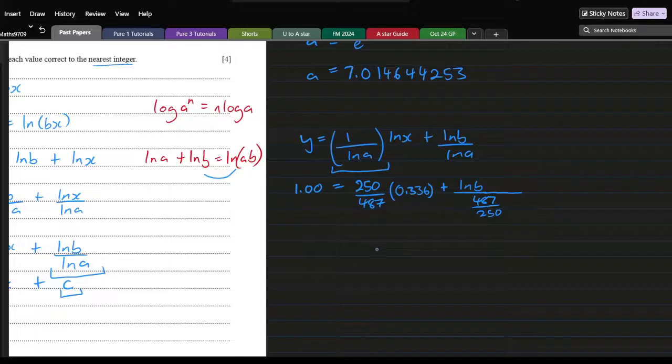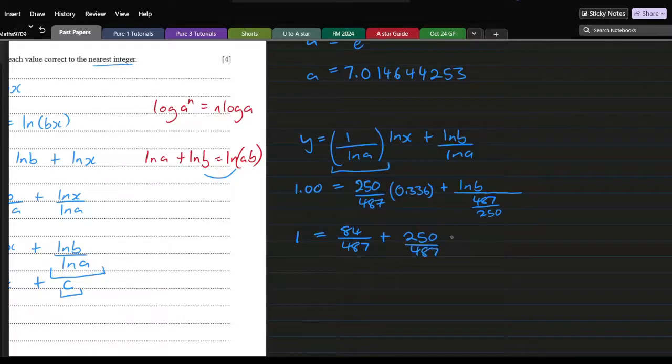Okay, so let's just simplify this. This is 1 is equal to 250 over 487 multiplied by 0.336, and that gives us 84 over 487 plus, if we resolve our fraction there, 250 over 487 ln b.